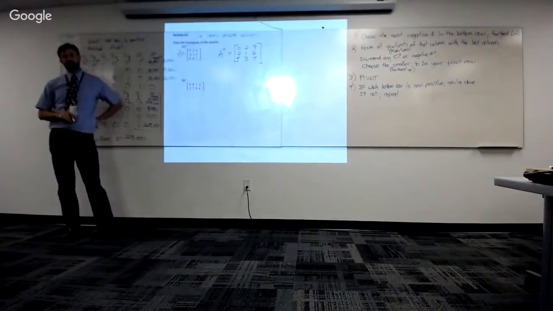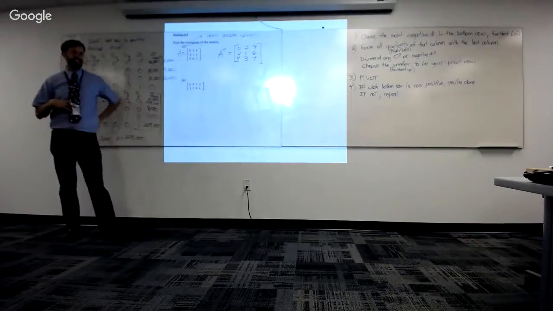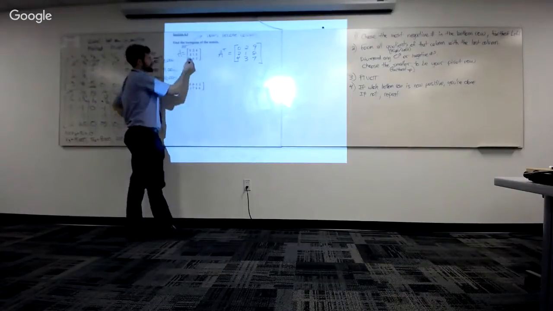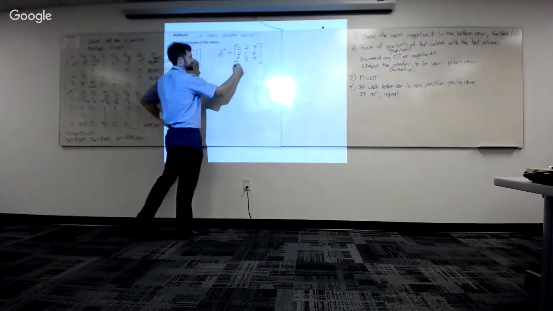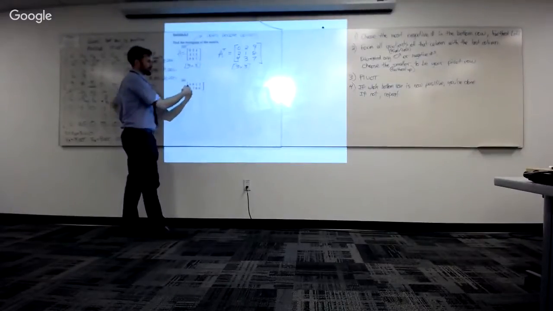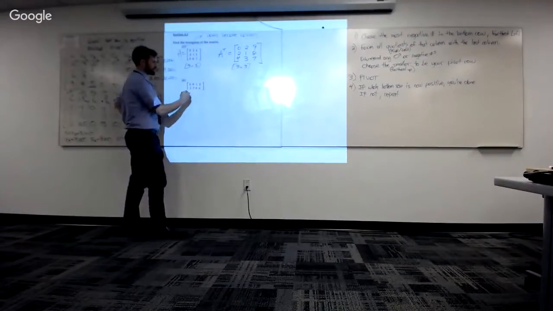Anyone have a better word for this than transpose? Flippy floppy? Okay, next one. Now notice, when you did the transpose, this was a 3x3 matrix, still a 3x3 matrix. When you turn the rows into columns, what do you think happens to the dimension? This is a 2x4.